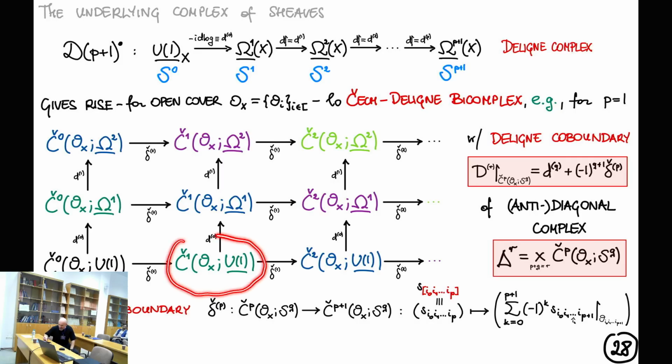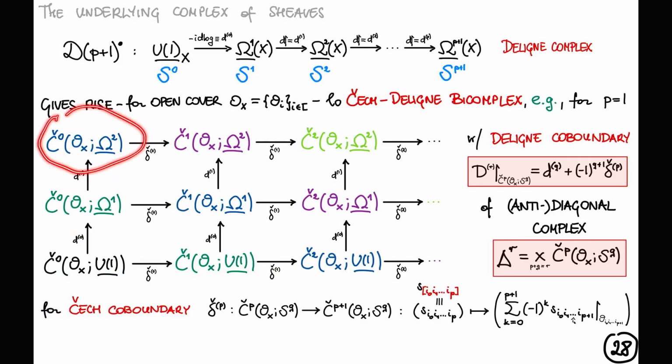And we have two indices and a function: that's 2 minus 1 plus 0, which is 1. So this here has the same total degree. And likewise here, we have a one-index piece with form degree 2, a two-index piece with form degree 1, and a three-index piece with form degree 0.